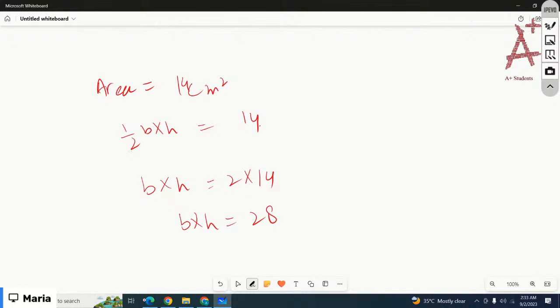That means B and H are two numbers whose product is 28. That would be 7 times 4 and 1 times 14, right? You have more than one answer because there is more than one pair of numbers that have the product 28, right?